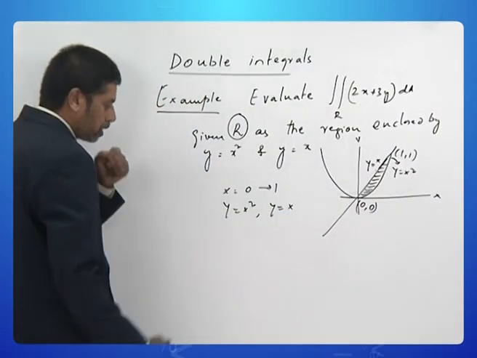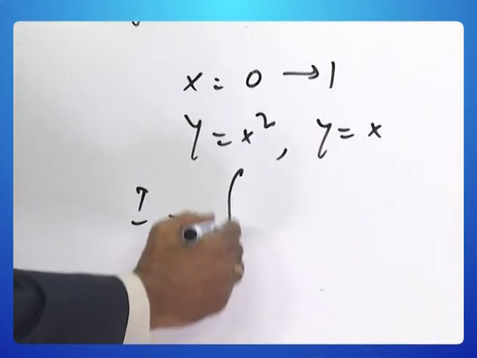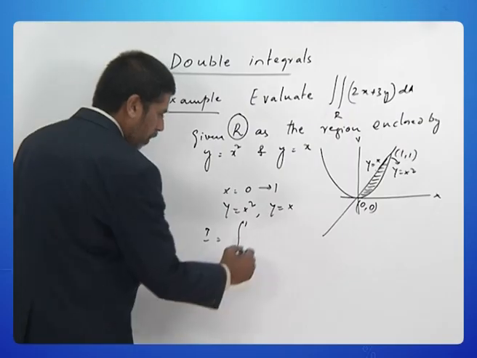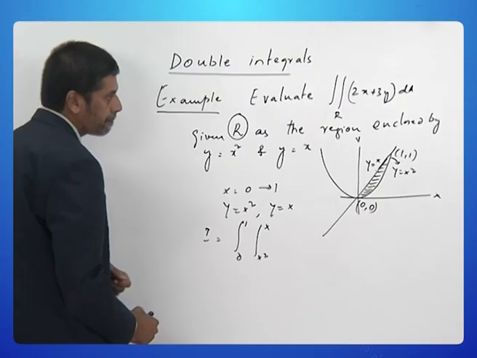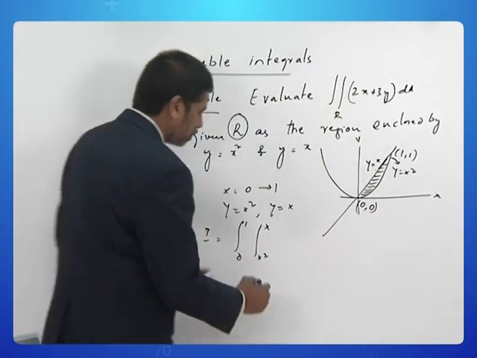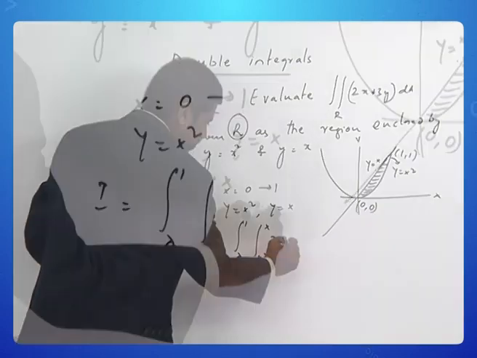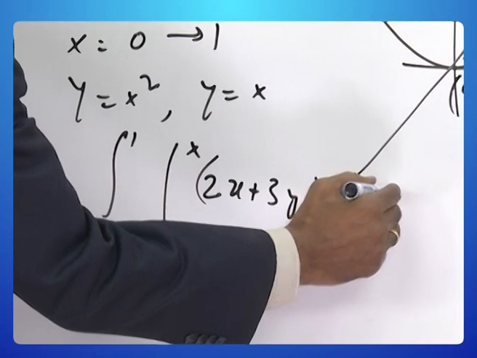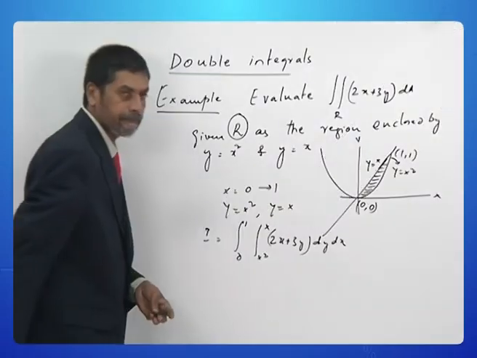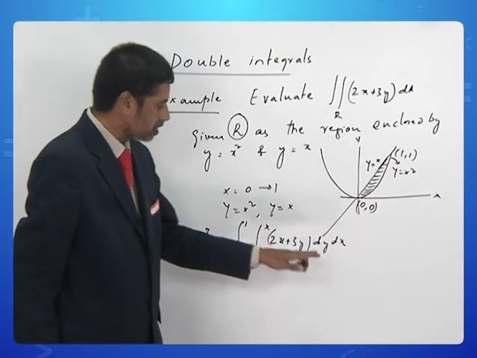So the limits of integration will be 0 to 1, x square to x. This is the function 2x plus 3y and the order will be dy dx. This is how you can fix the limits of integration.